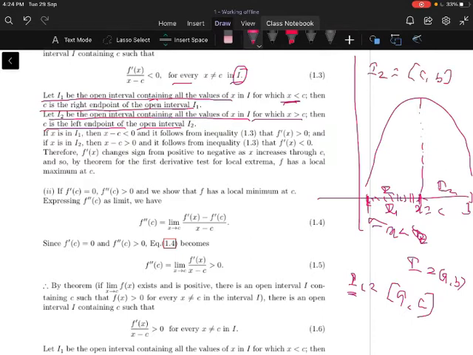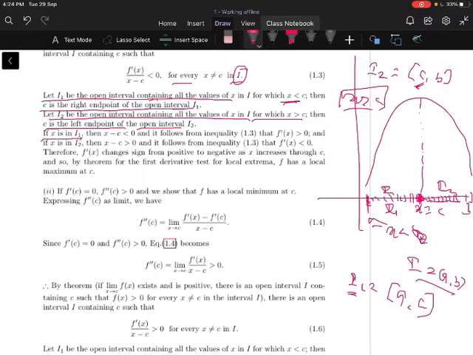I2 is equal to the interval c comma b, where c is the left end of the interval I2, and moreover x is greater than c. So this point is c. Let us take some x values in I2. These values are always greater than this point here. So x is greater than c.